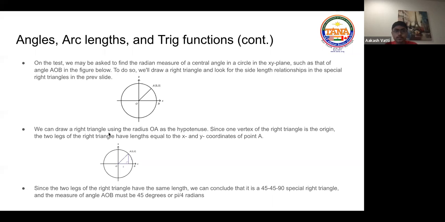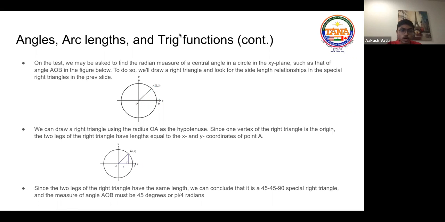To do so, we'll have to draw a right triangle and look for the side length relationships in the special right triangles, as shown two slides ago. So you have a circle here with point A, point B, and point O. And we're trying to find the angle right here, A, O, B.